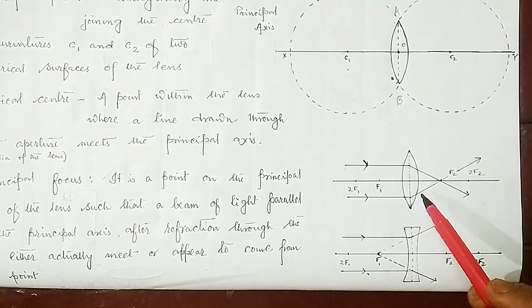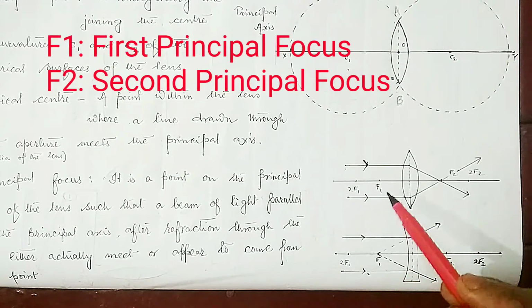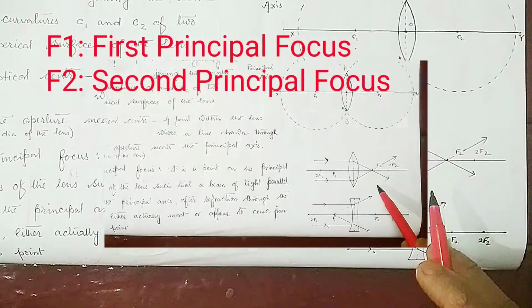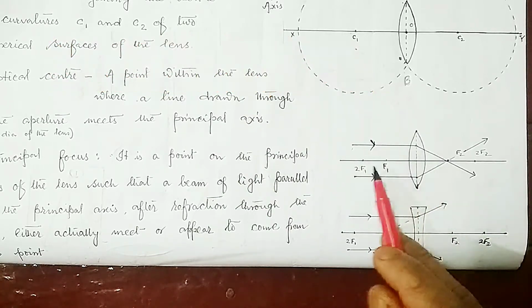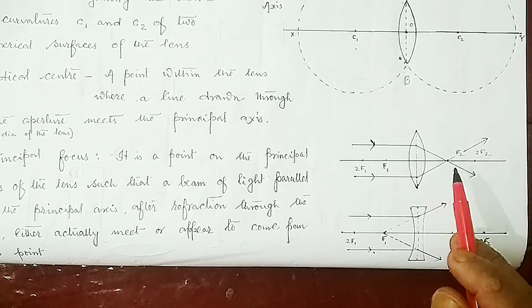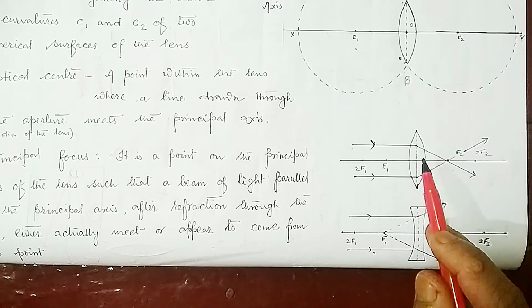In case of a convex or concave lens, F1 is termed the first principal focus, whereas F2 is termed the second principal focus. In a convex lens, the rays parallel to the principal axis meet at F2 after refraction. So generally we consider F2 as the principal focus of a convex lens.